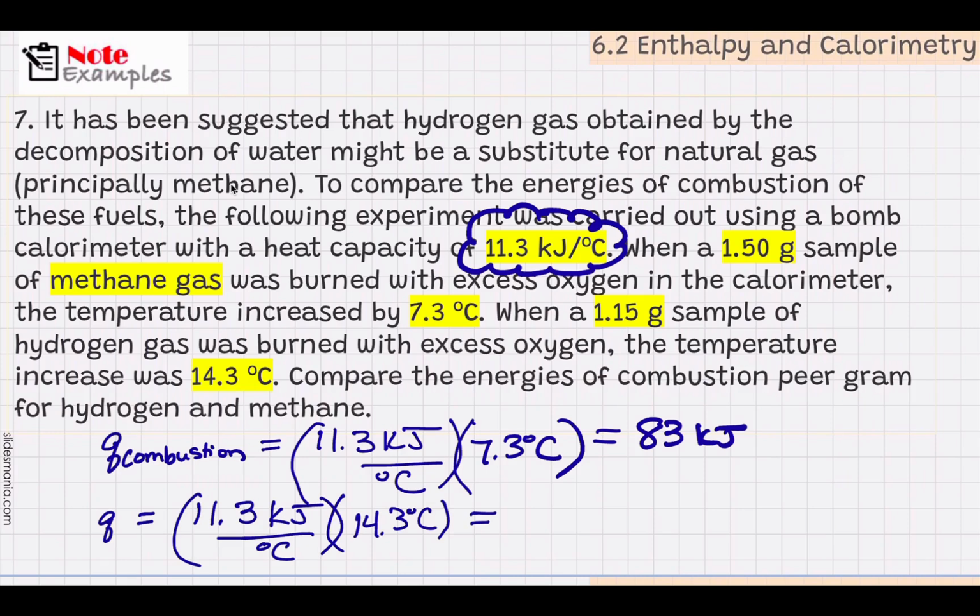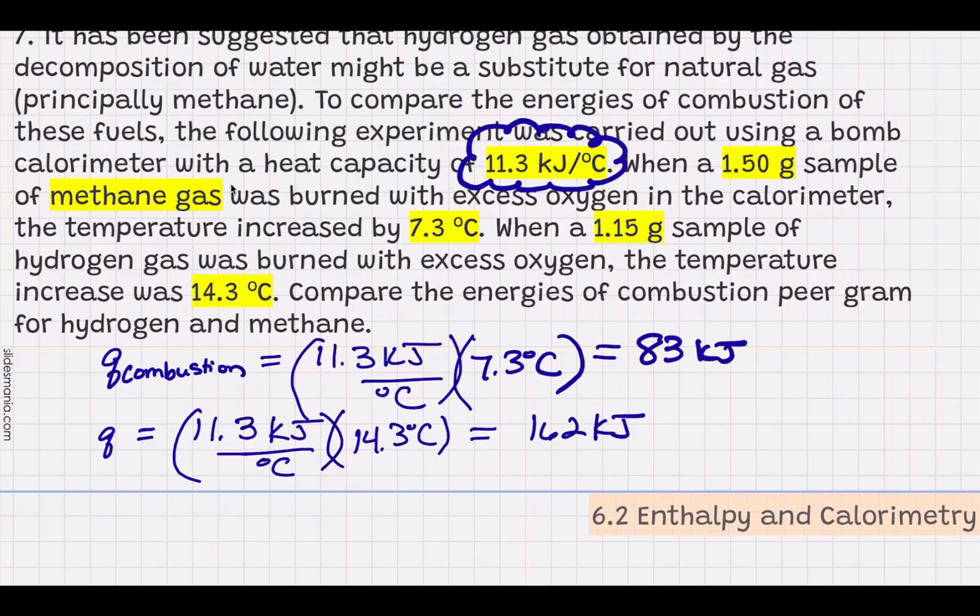And we get 162 kilojoules. In this question, it's still really not possible to compare them because they weren't the same size sample. So what we really want to do is figure out how much energy is released per gram.